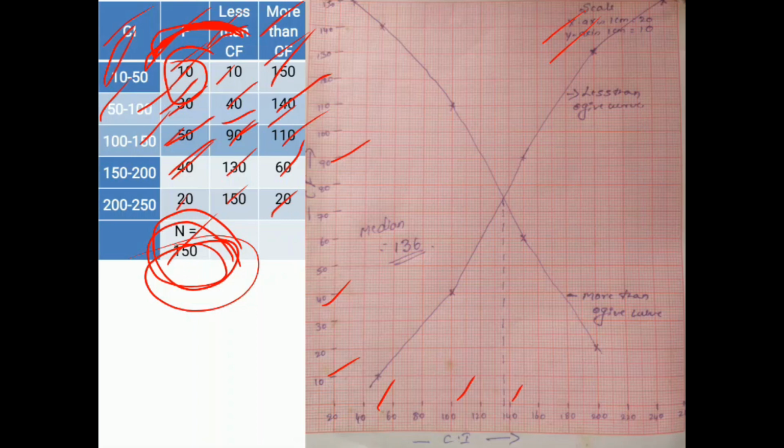Similarly, 200, 130, 250 and 150, you will get the other 2 points.